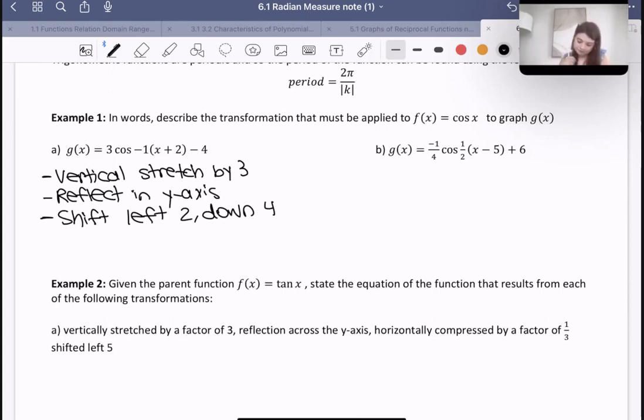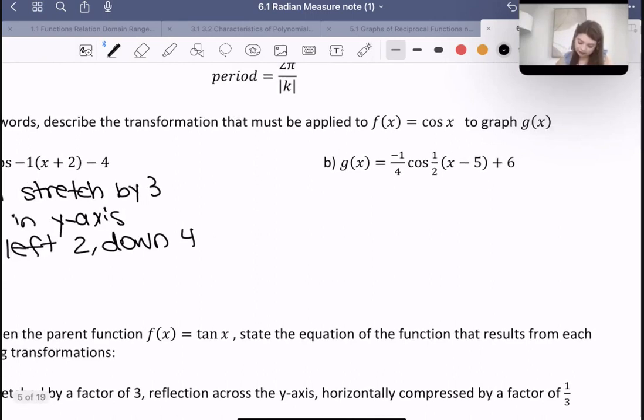Okay. What about this one here? Well, first of all, I see a negative sign, which means it's reflected in the x-axis. So let's write that down. Reflect in the x-axis. So that's our first part done. What's the second thing we're going to do?